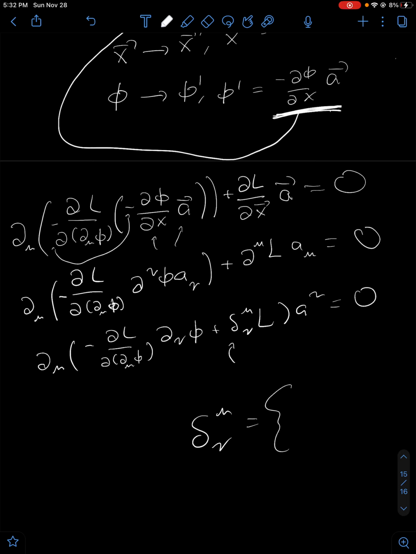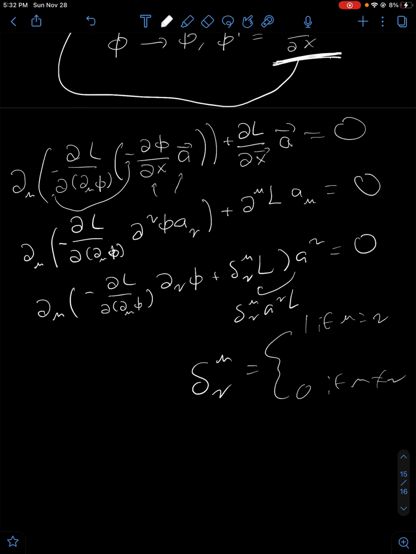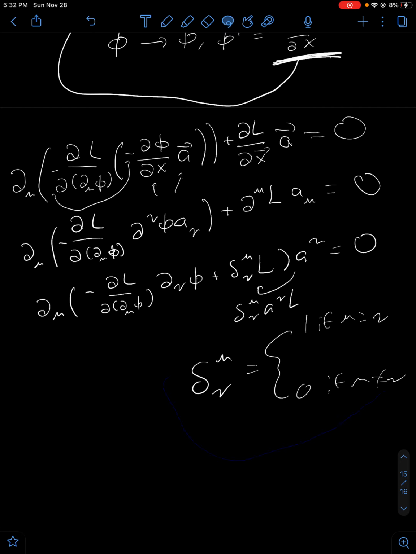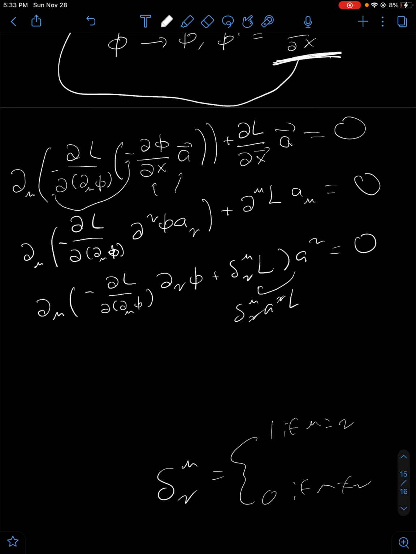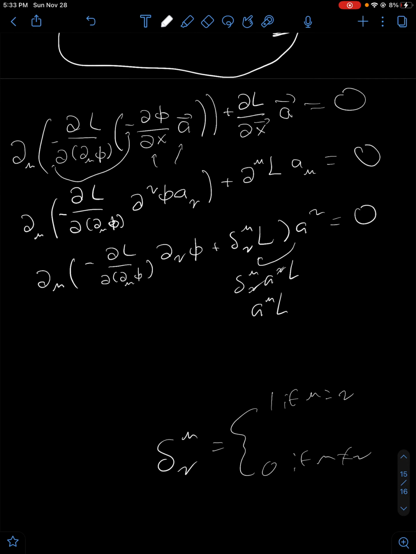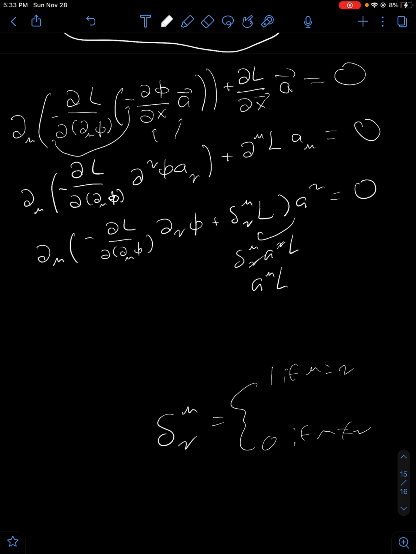So the Kronecker delta is defined as 1 if μ equals ν, and 0 if μ does not equal ν. So when this a^μ enters the Kronecker delta, we have δ^μ_ν a^ν L. This Kronecker delta will convert this a^ν into an a^μ L, since it's 1 if μ equals ν, and 0 if it's not that.